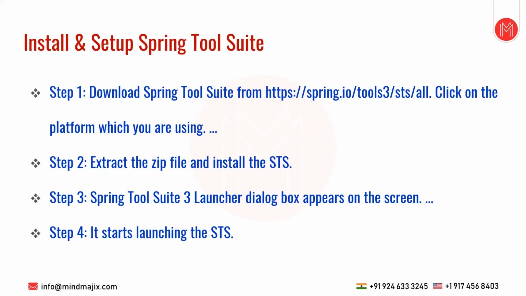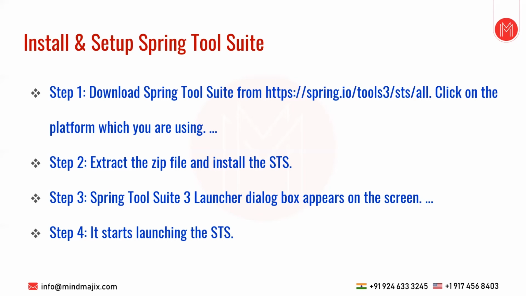Some dialog box will appear with a launch button. You just click on the launch button, then Spring Tool Suite will begin. After that, you can create your project by passing some metadata information.